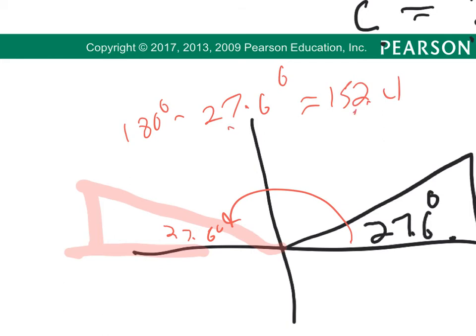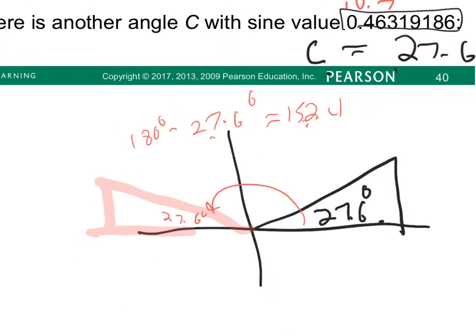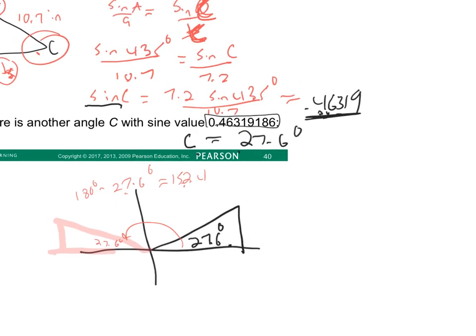Make sure these two add up to 180. Yeah, 152.4. So we say, okay, so my other possibility of C could be 152.4 degrees.